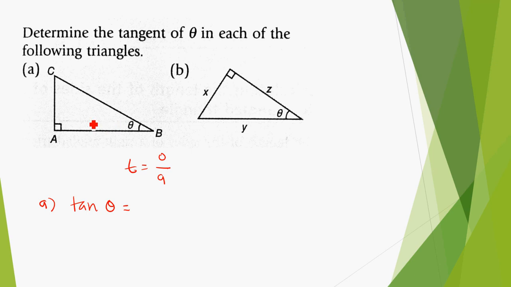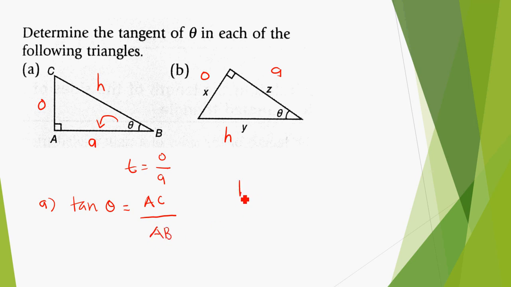Okay, you label first. Hypotenuse, adjacent, opposite. This one, hypotenuse, theta is here, so adjacent, opposite. For question A, tan theta is opposite over adjacent, which is AB.